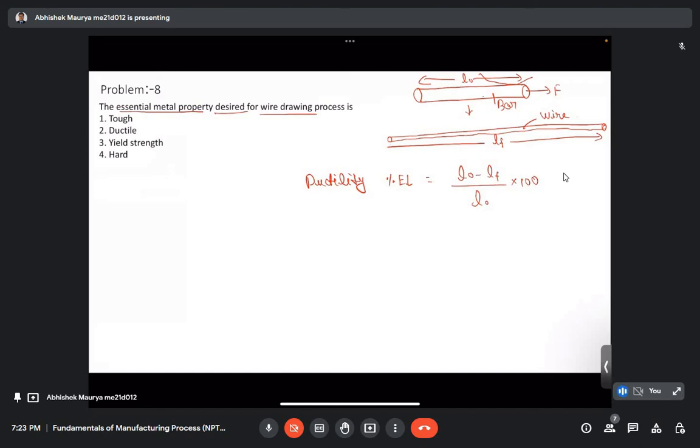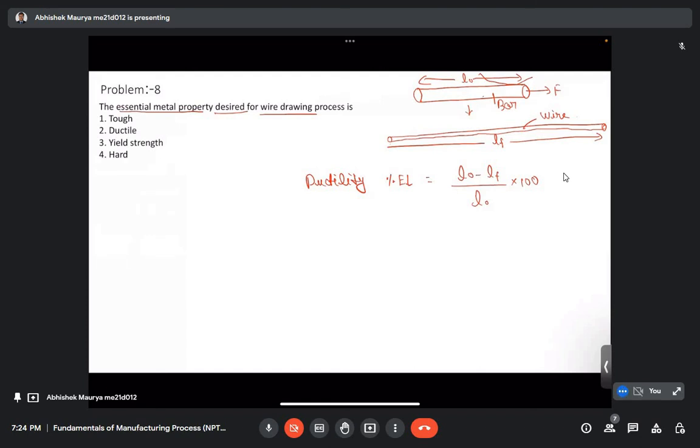By using this formula we get the percentage elongation, and that is called the ductility. So this is the very essential property which a material must have in order to be drawn into wire. Whereas if we talk about the other properties, let's say strength.